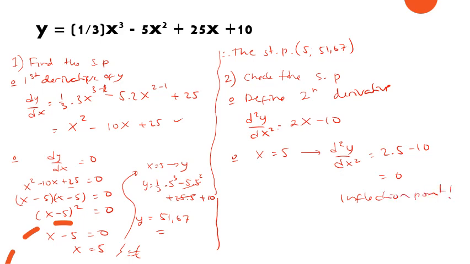Now you need to find whether it goes like this or like that. What we do here is to find the coordinates on the left side of x equals 5 and also the right side of x equals 5.